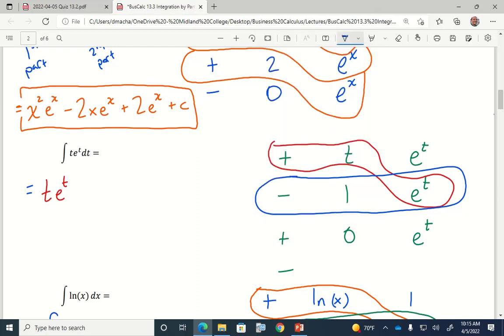The trick about horizontal snakes is you have to actually write antiderivative of. So I have minus 1 times antiderivative of e to the t, dt. And so then this would be t e to the t. What's the antiderivative of e to the t? Well, it's still e to the t, and then I write a plus c. So it still works, just takes an extra step.